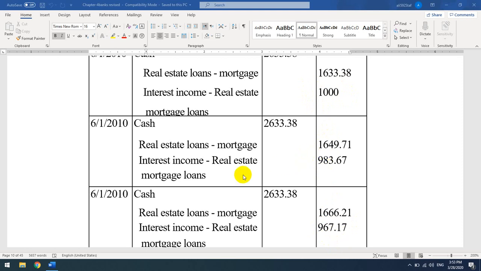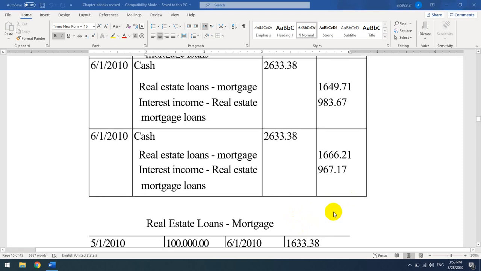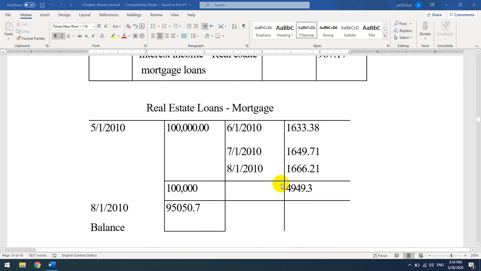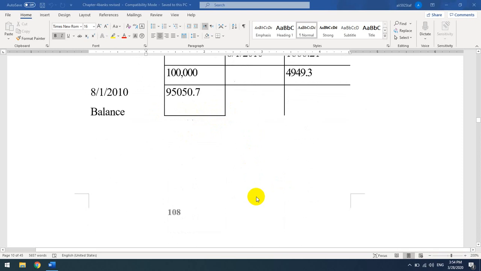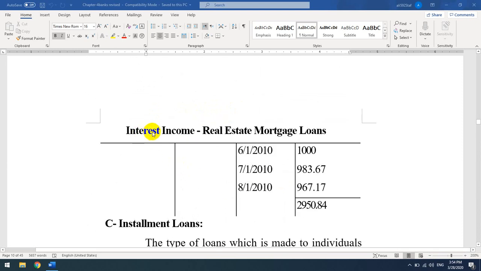As we noted before, the amount dedicated to interest is going to decrease, and the amount dedicated to the principal, which represents repayment of the principal, is going to increase. This is the account of real estate mortgage, and this is the account of interest income, T account.